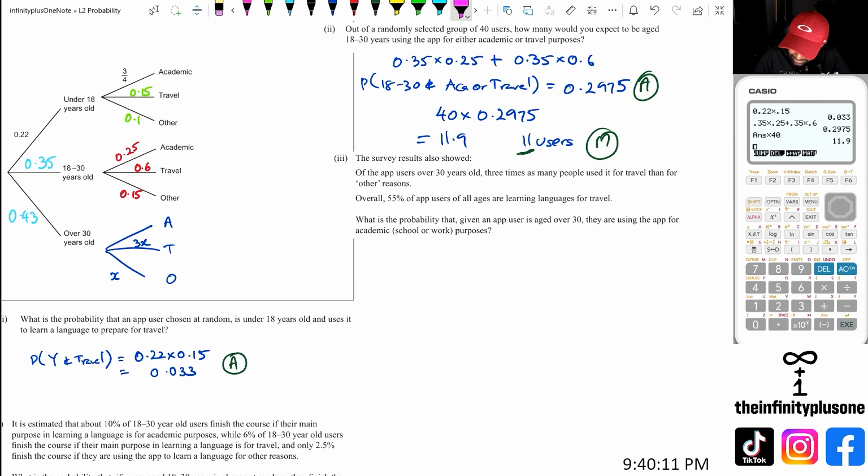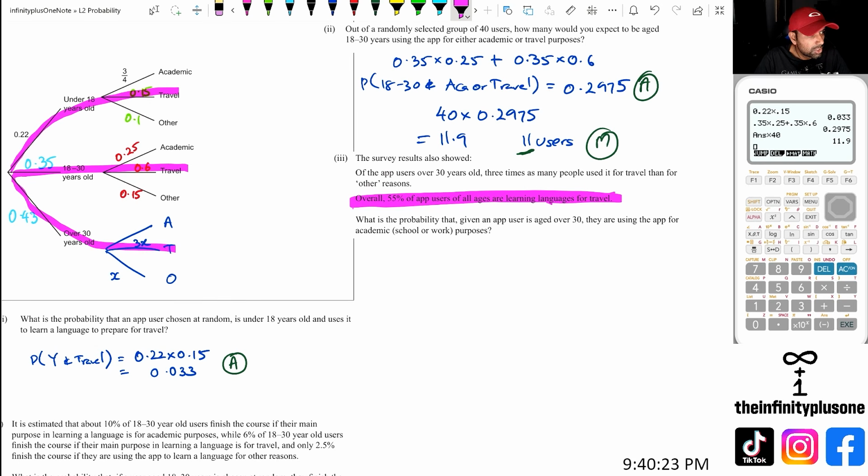So I'm looking at this line here. That means this branch plus this branch plus this branch should equal 0.55. That's the 55% there.